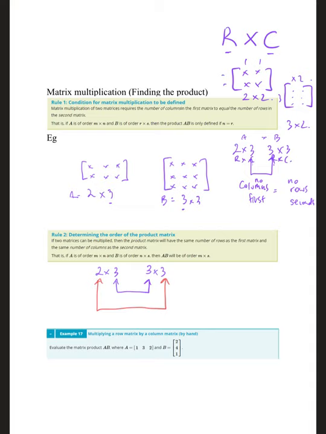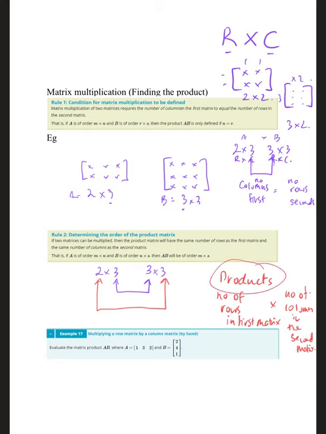So the product is given by the number of rows in the first matrix times the number of columns in the second matrix. Okay? So that is how you get your product order, and to also see if a product is defined.